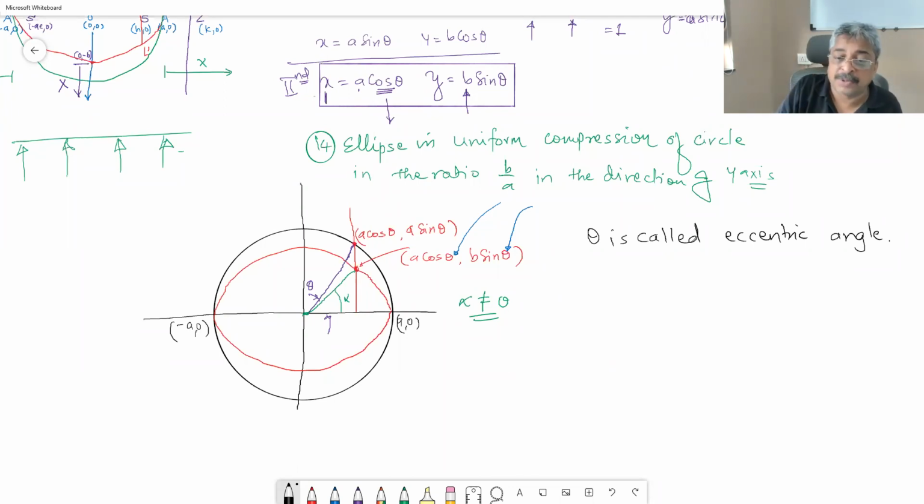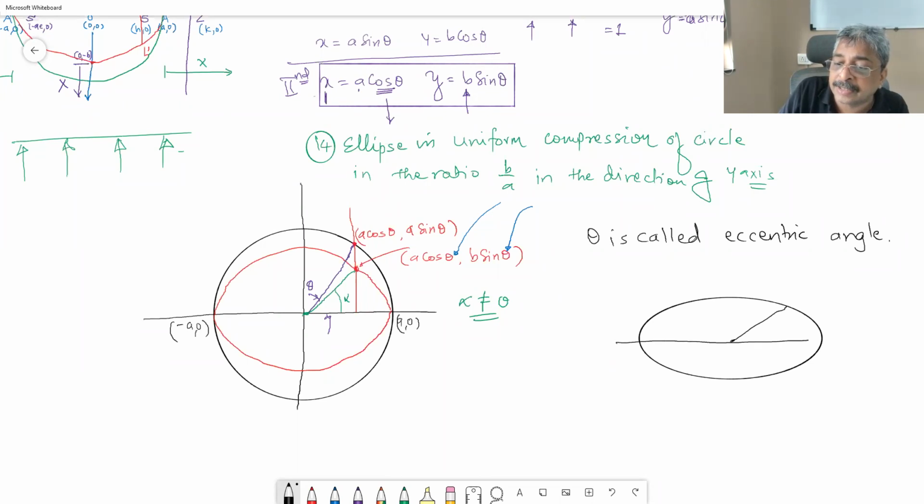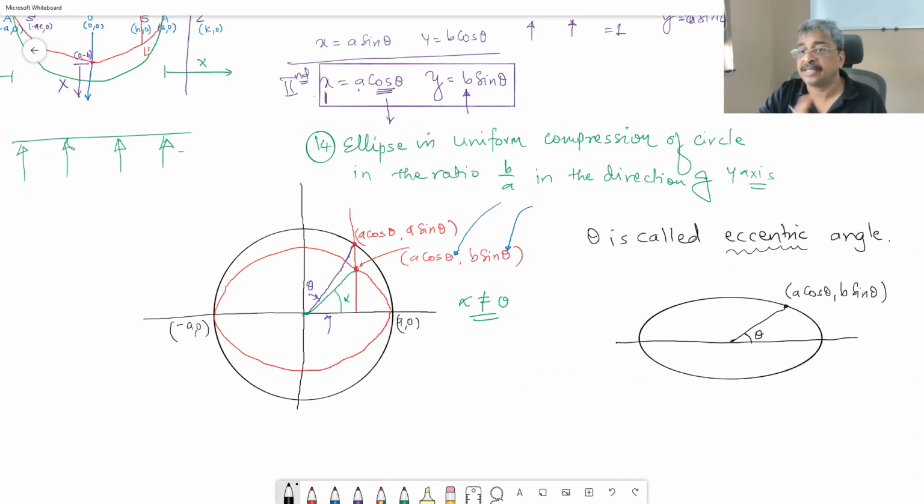So in the ellipse, if you draw a radius segment, something like this is the x-axis, and if you say the coordinate of this is a cos theta comma b sin theta, and if you say that this angle is theta, you are more than 100% wrong. It is the eccentric angle. The eccentric angle is somewhere else.